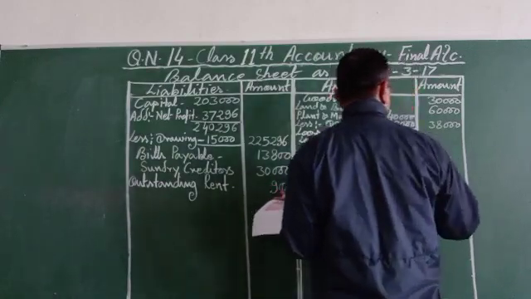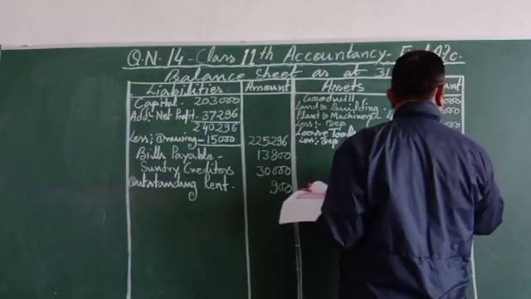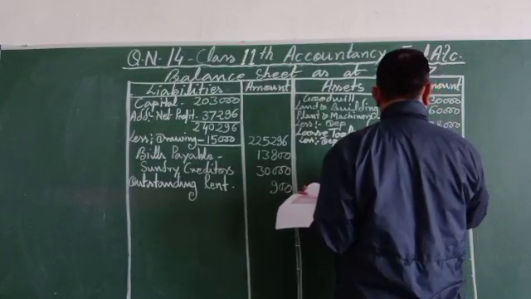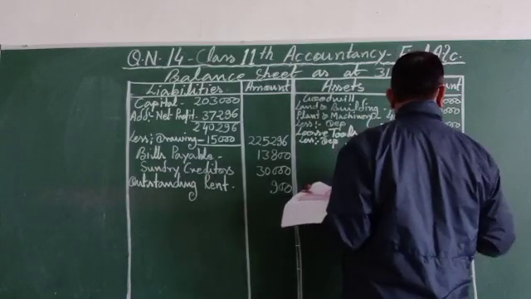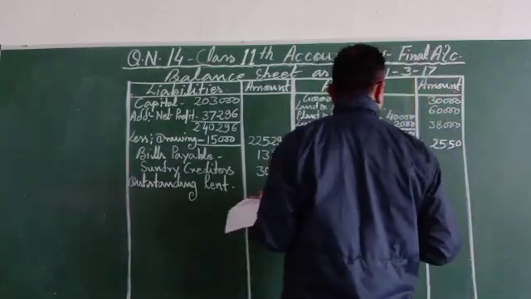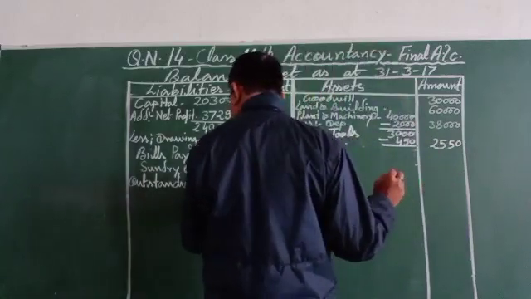Just we can write 2,550, the value of loose tools in the current year.